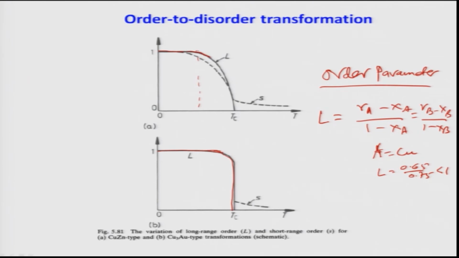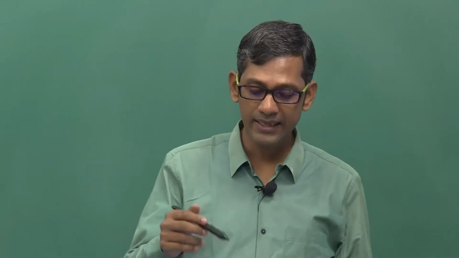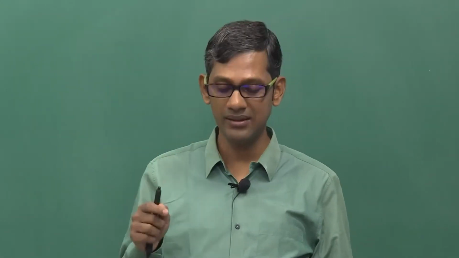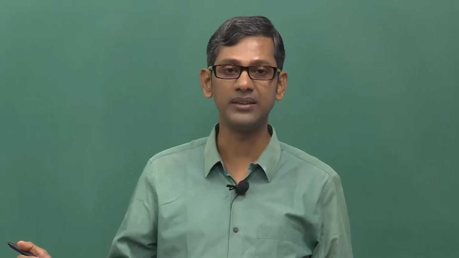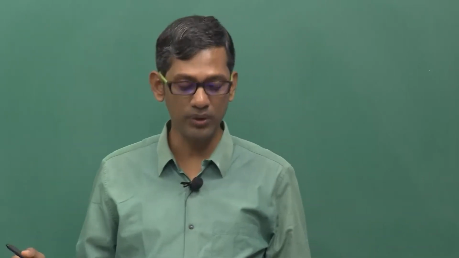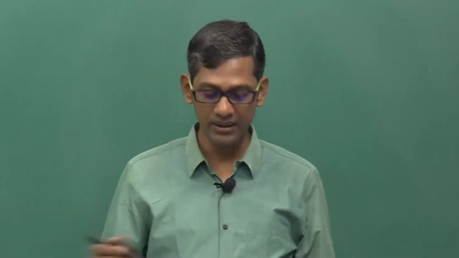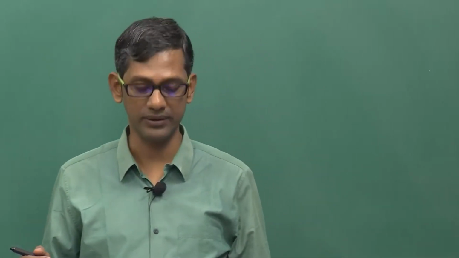You see, slowly it is decreasing, and it does not drop to 0 at Tc. So, these two are different kinds of ordering. In one case, the order parameter drops from a very high value to 0 exactly at Tc. In the other case, it slowly decreases and reaches 0 at Tc. The first one, the top one shown here, is known as continuous ordering, and the second one is known as discontinuous ordering.